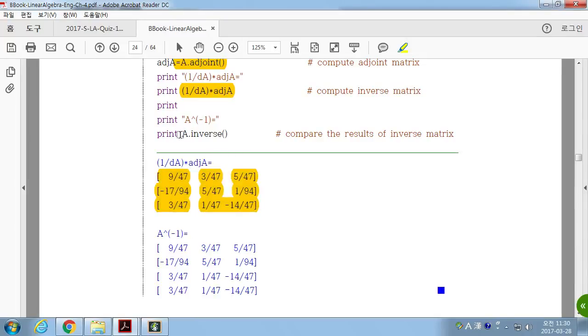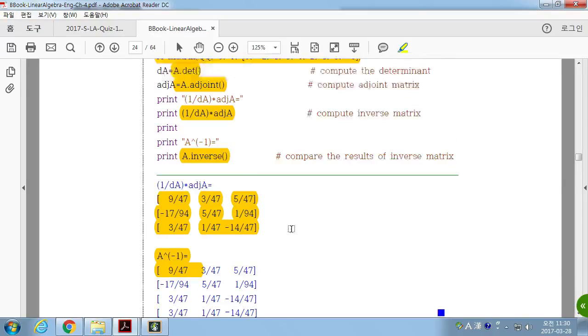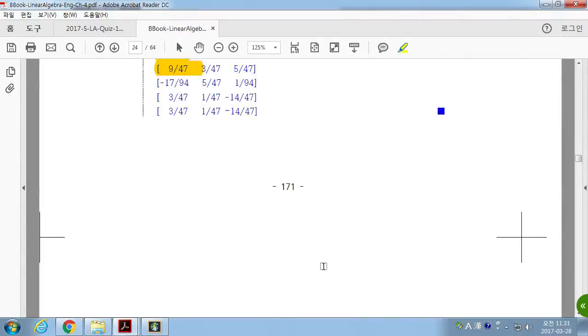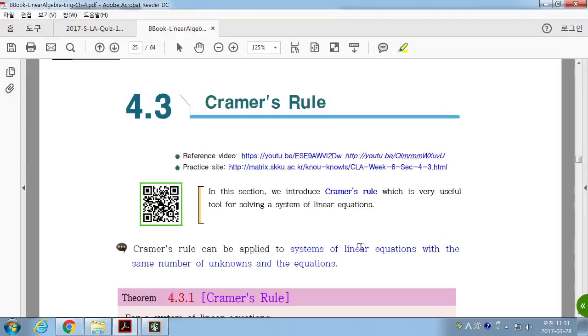If you just find the inverse matrix of A, then that is this. As you see, they are the same. It works for any matrix of any size, because we proved it. I think that's the end of section 4.2. Any questions?